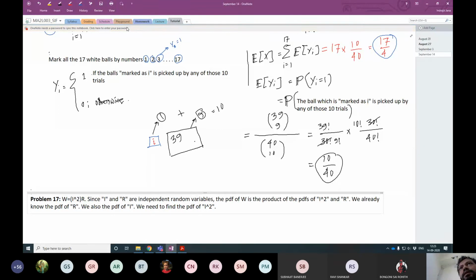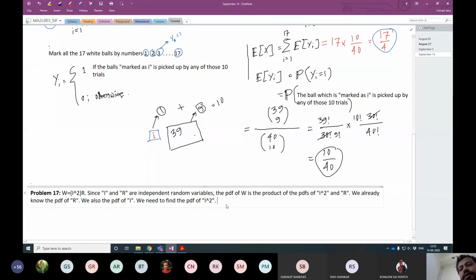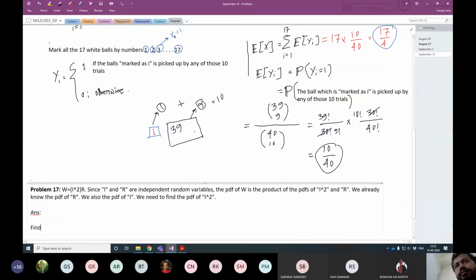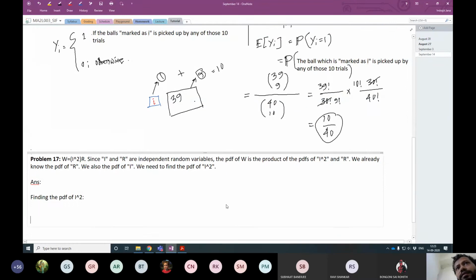Okay, so finding the PDF of I square. How do you find the PDF of I square? First, let's find the CDF to get the PDF.